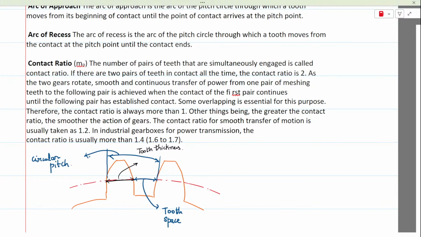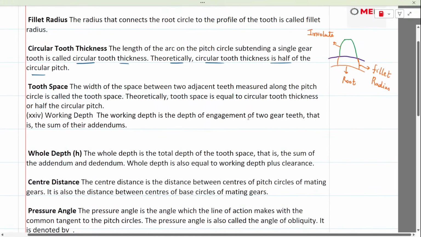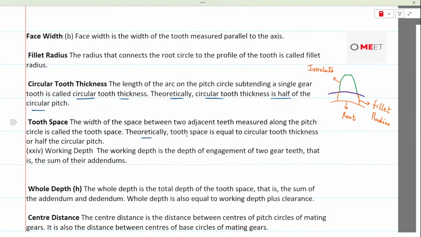There is a mathematical equation for that. We will write it in a few more minutes. Next, the width of space between the adjacent teeth measured along the pitch circle is called tooth space. Theoretically, tooth space is equal to tooth thickness, which is half of the circular pitch.